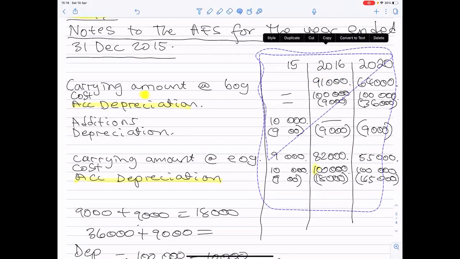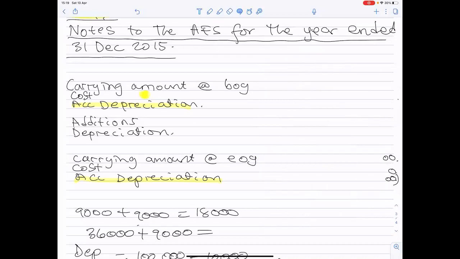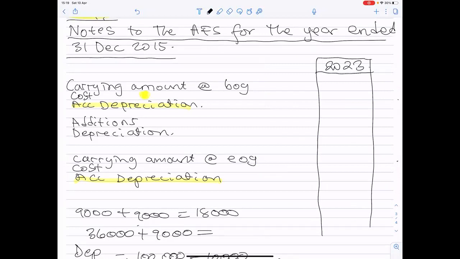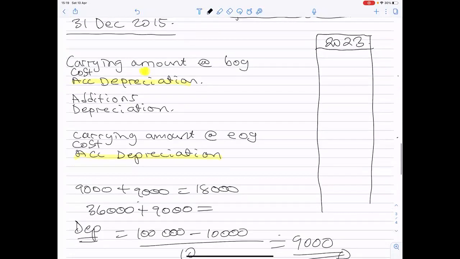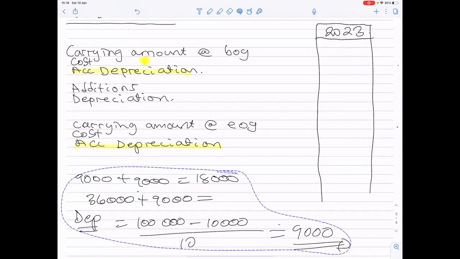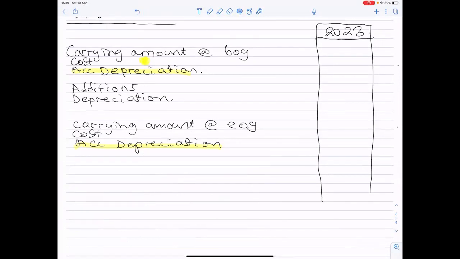Now I've shown you how to do the shortcut. Please do the shortcut, 2023. Remember, it's the year ended 31 December 2023.